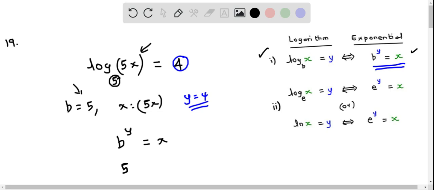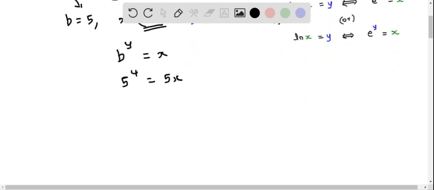So 5 raised to the power of 4, and this equals x. X is this 5x. So we can solve for x from this. Let's divide both sides by 5 so that we can solve for x. So we have 5 raised to the power of 4 divided by 5, and this equals 5x divided by 5. We cancel this 5, and we have x on the right side.